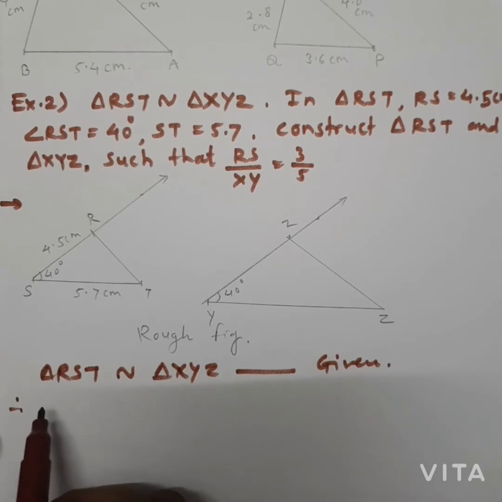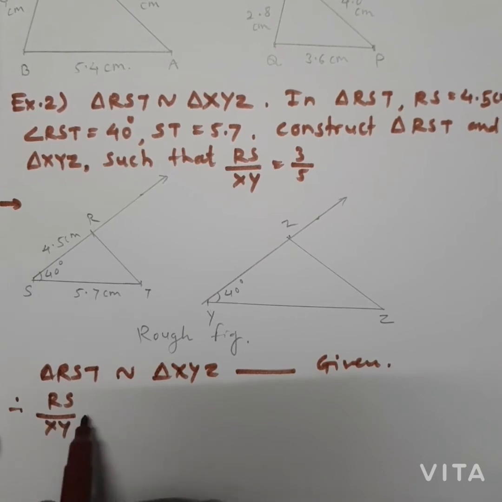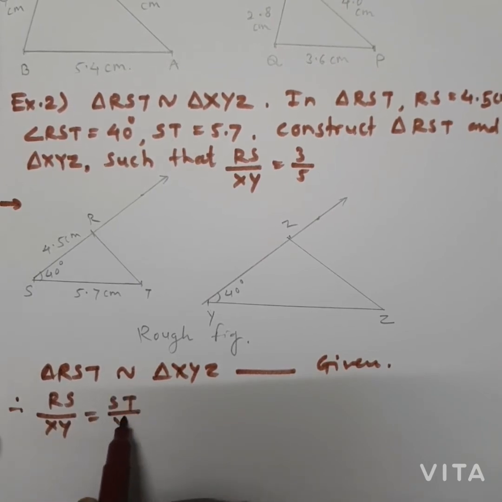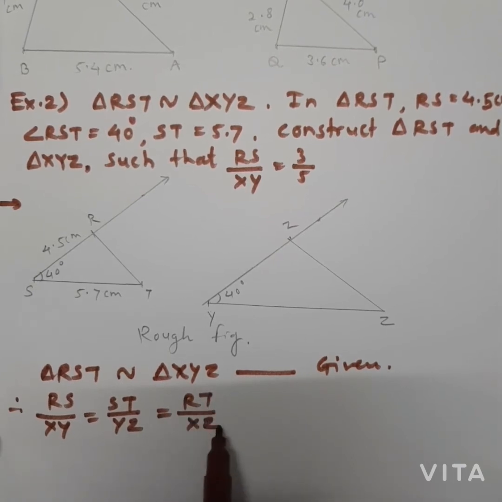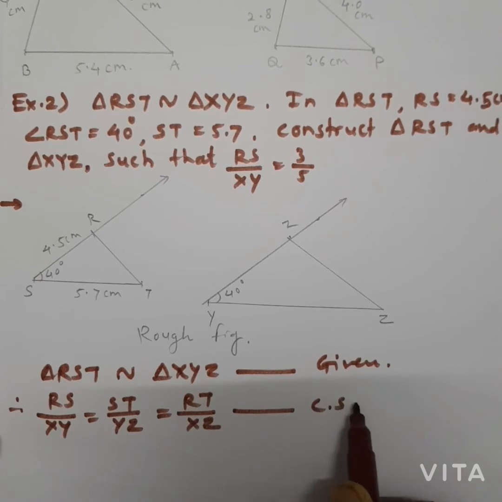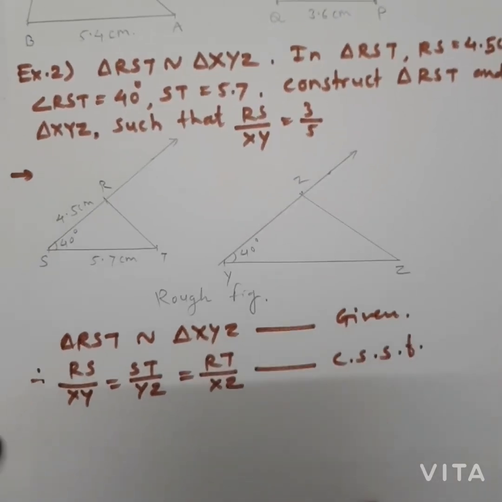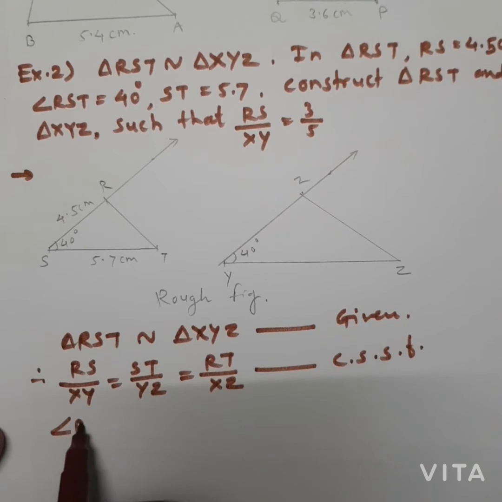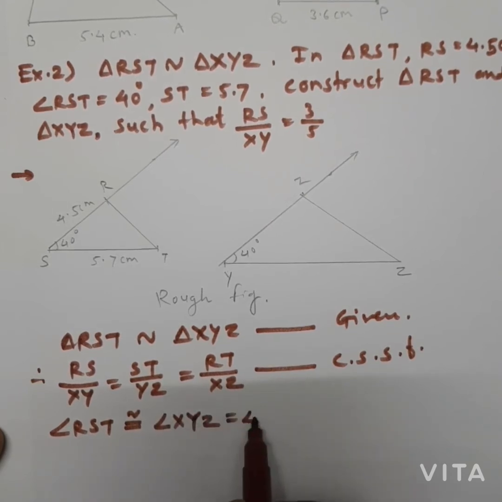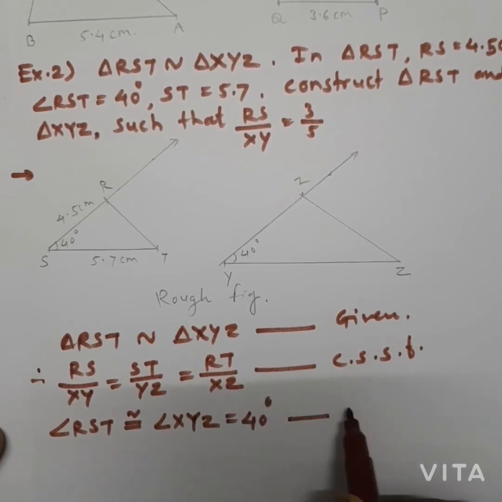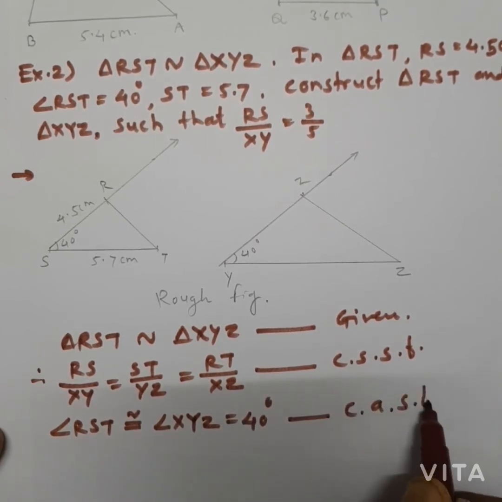Therefore, RS upon XY is equal to ST upon YZ is equal to RT upon XZ, and angle RST is congruent to angle XYZ, equal to 40 degree, corresponding angles of similar triangles.